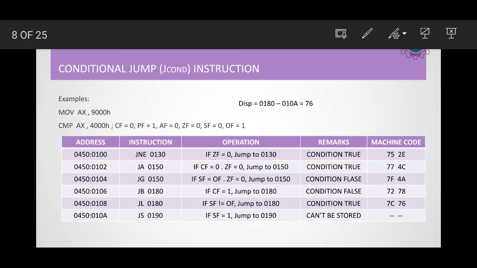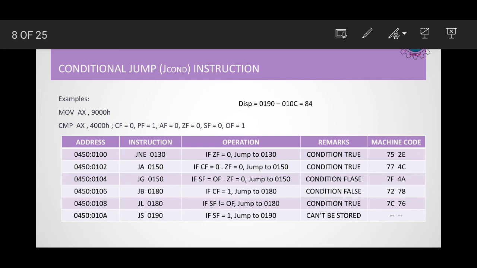Now we are having the last instruction, JS 190. If sign flag is having logic 1, then jump will occur, otherwise jump will not occur. But if you see the displacement value, 190 minus 10C, your displacement is 84. So the 84 is greater than 7F.